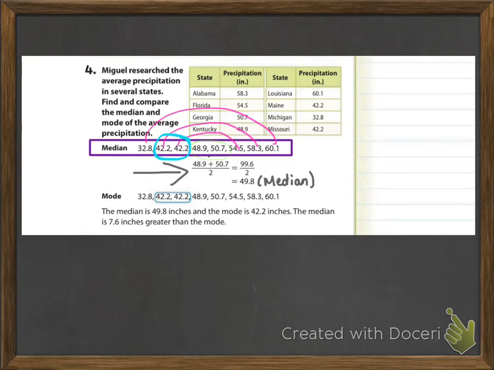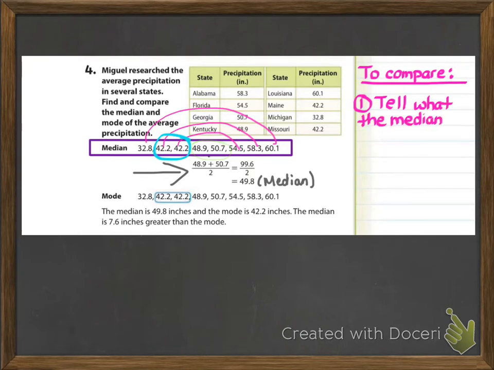All right, so now on this one here, it asks you to find and compare. When you are comparing, you guys, you have to give me all the information on these problems. So in order to compare, go ahead and over in the work zone, I want you to write what I'm putting out here first. To compare, number 1, you have to tell me what the median is.